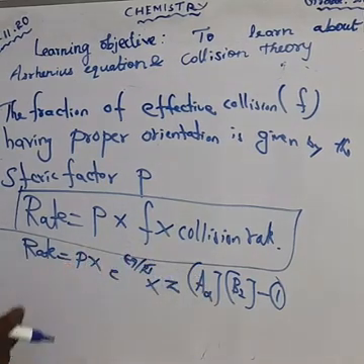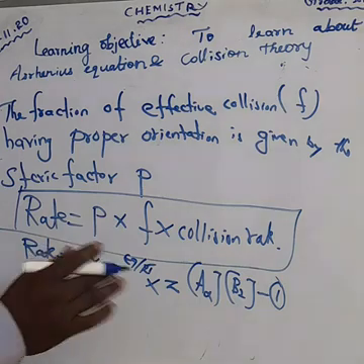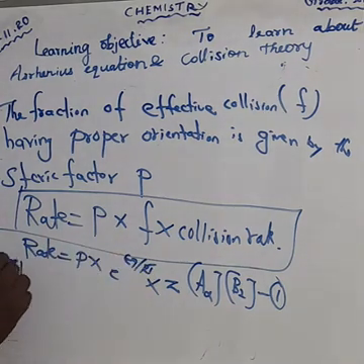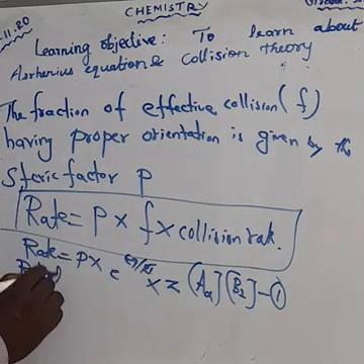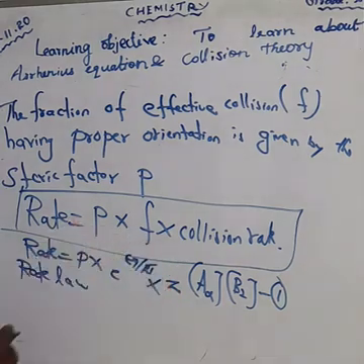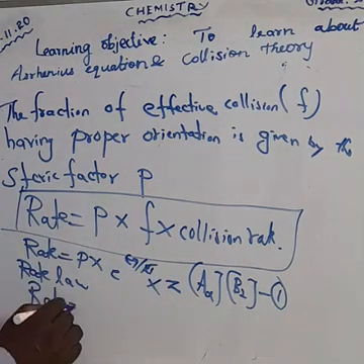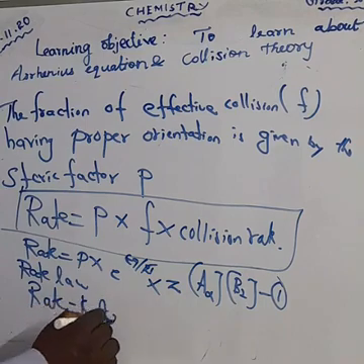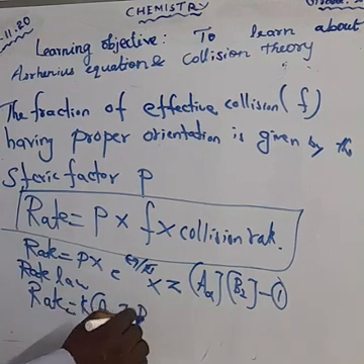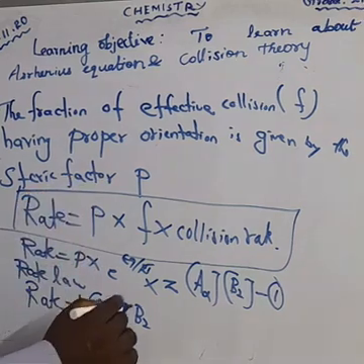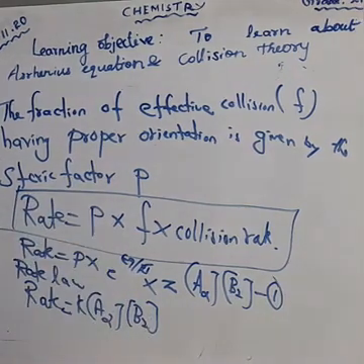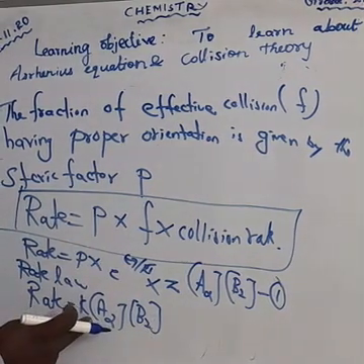Z constant, one of the constants, A2 and B2 as per the rate law. As per the rate law, rate can also be written as K A2 B2. K is also a constant.